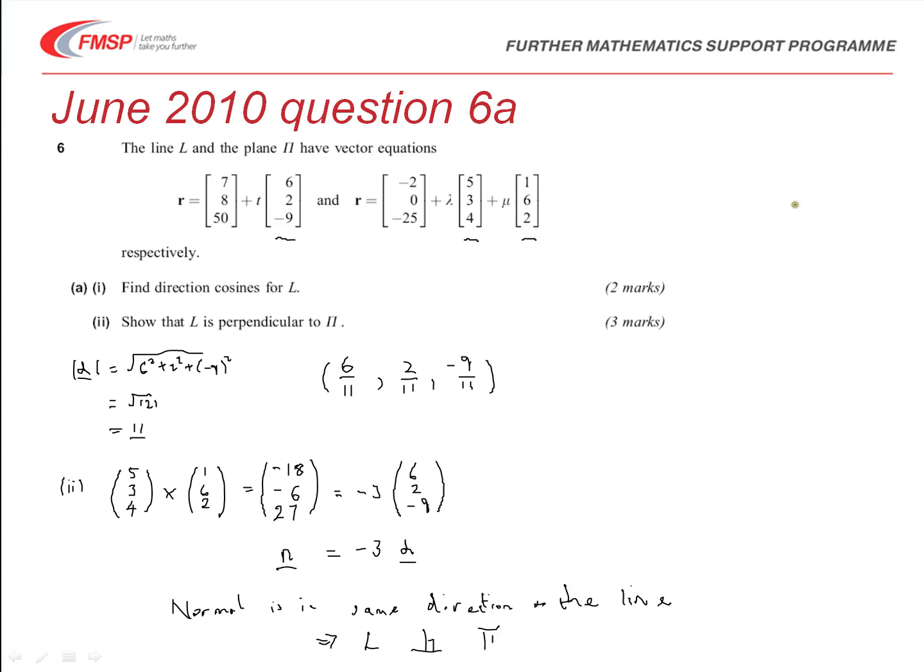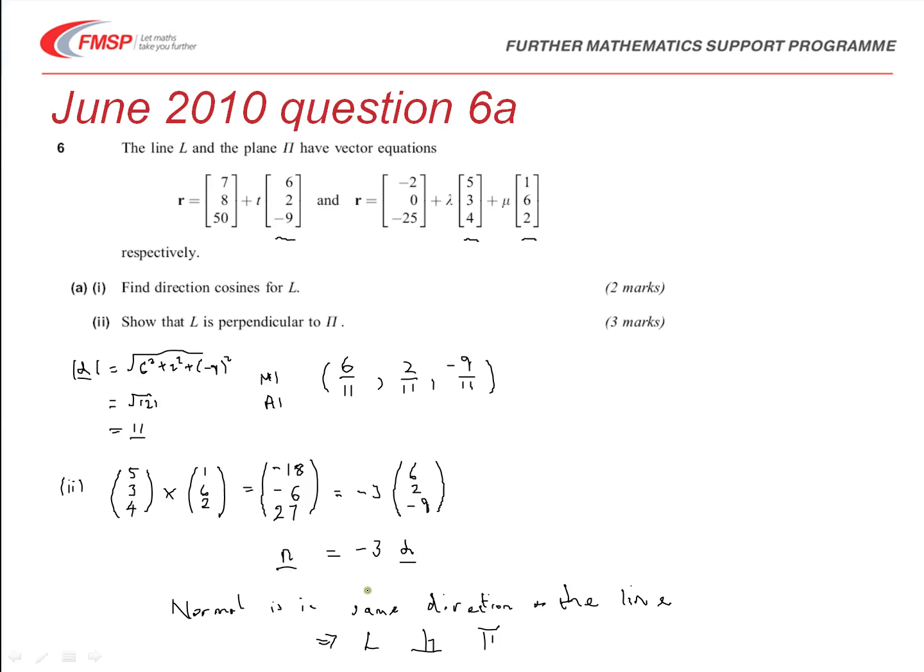Okay, where do you get the marks then through this? Well, in the first part, you get 1 mark for some sort of appropriate method and an accuracy mark for getting them all correct.